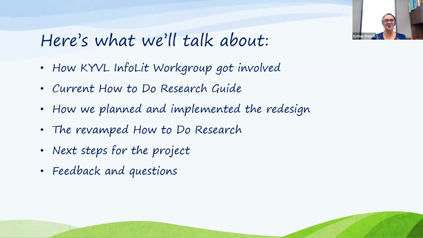I'll talk about the methods and materials and some tools that we used. We will take a look at the revamped version that is not live yet, but it's a private link. And we will also discuss our next steps for the project. You'll have a chance to give some feedback and to ask questions at the end.